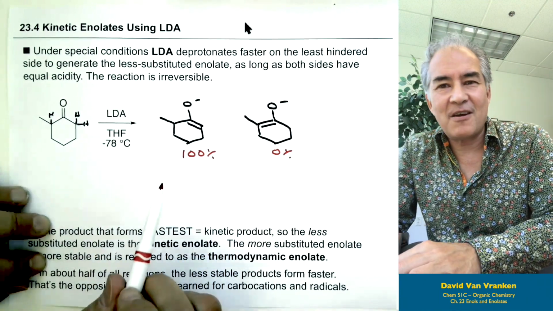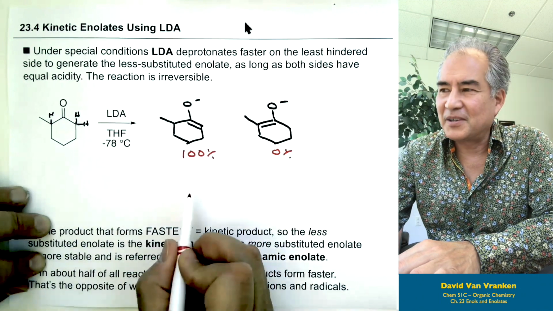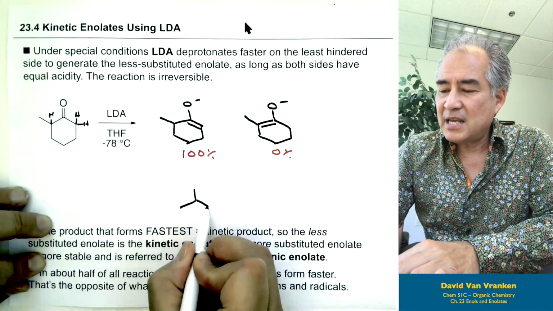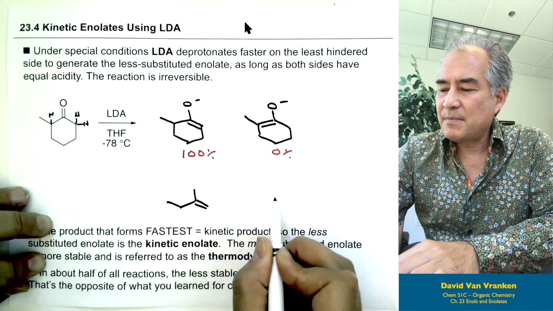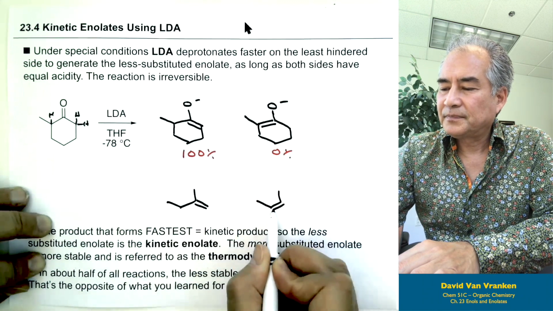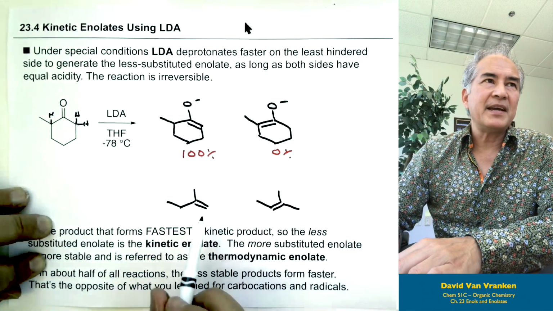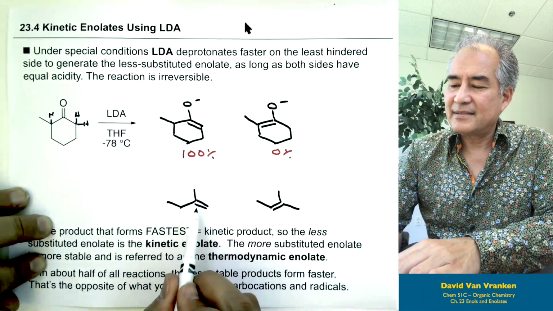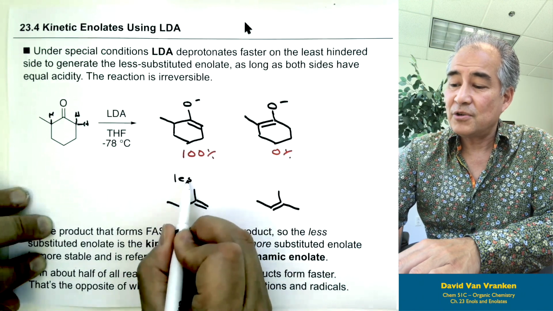Because from the very start of organic chemistry, what you've learned is that if you have 2 alkenes, if all else is equal, like they have the same carbon backbone, less substituted alkenes are less stable, and that's true.